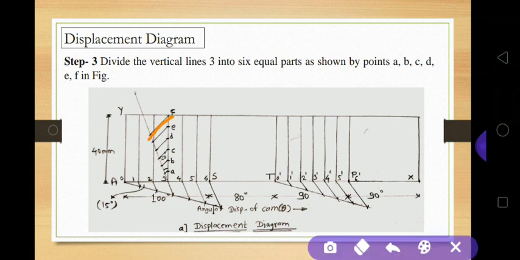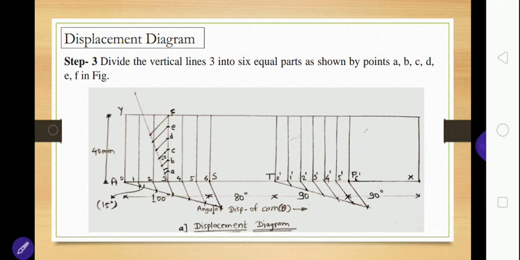So this first line we have joined, then next, like that. From each point draw the parallel lines so that on that vertical third line you will get points small a, b, c, d, e, f, and these 6 points will be equally spaced on that vertical line. So you have divided this third vertical line into equal 6 parts by this procedure.